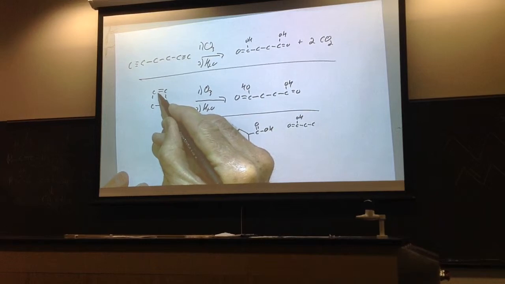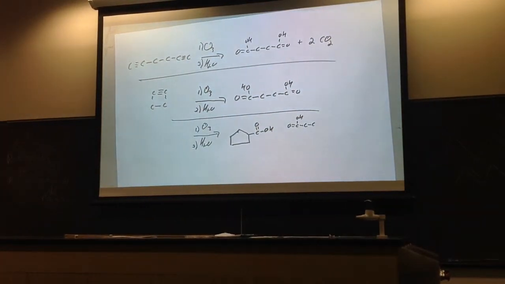Although, I kind of told you, and that's true, this compound probably doesn't exist. The angle is 90 degrees, and for a carbon-carbon triple bond the hybridization is sp, it wants to be 180 degrees, so no one's ever made this compound. You'll never do ozonolysis in water and get this compound from an alkyne.